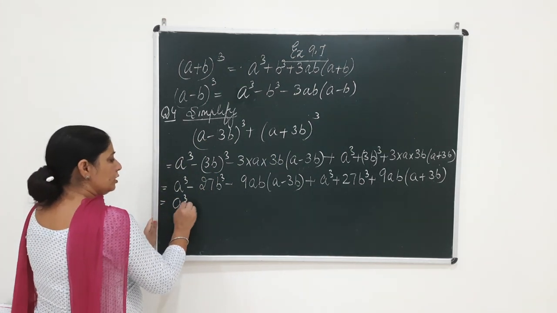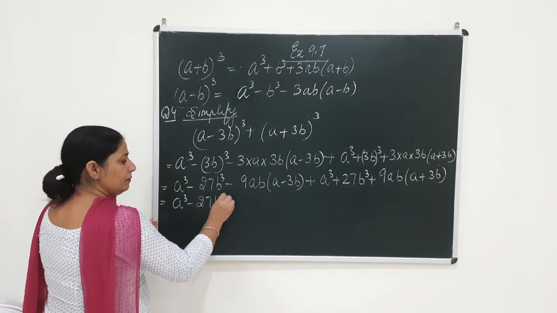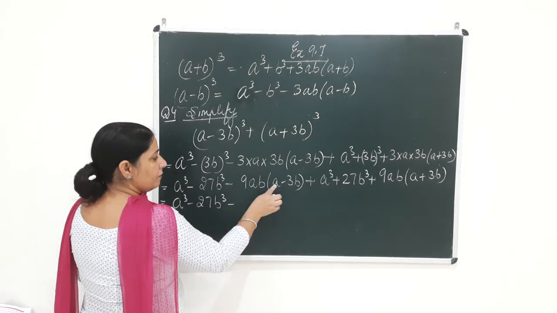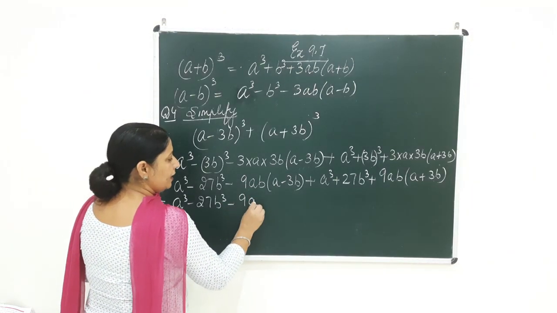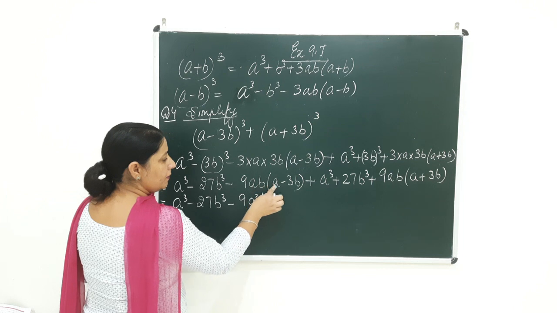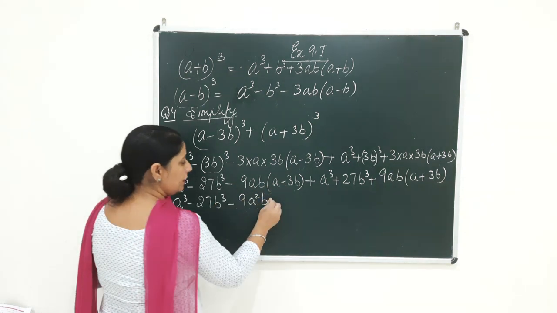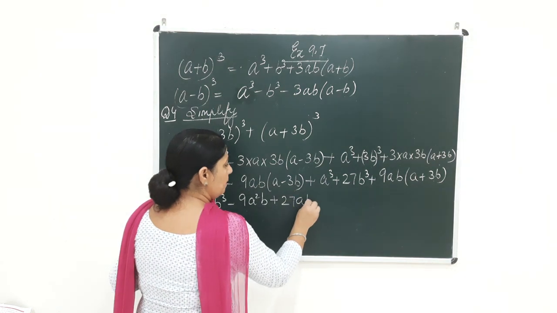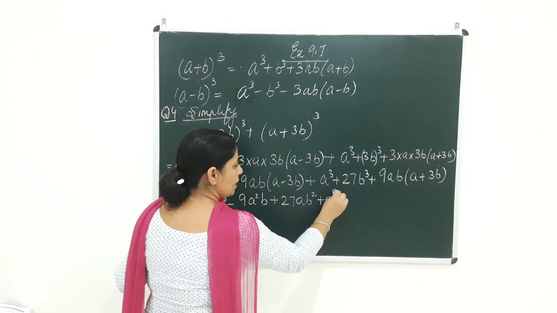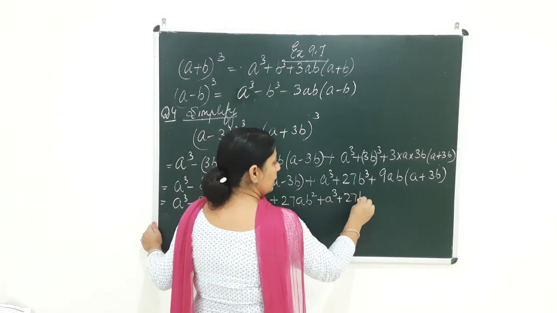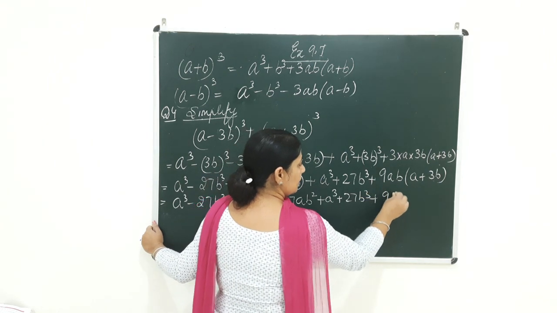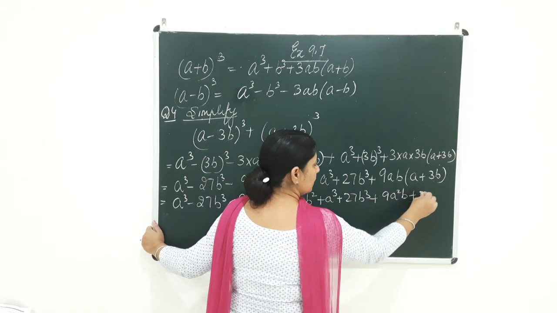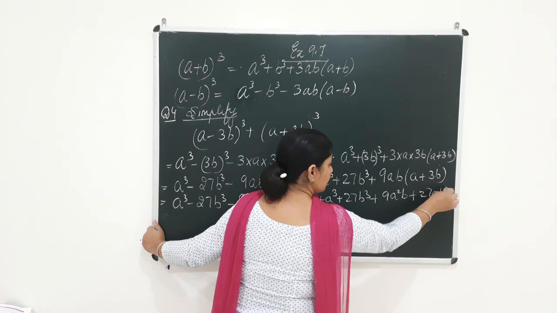We have got a cube minus 27b cube minus, when you multiply this you get 9a square b, 9ab into a, minus and minus will give you plus 9 3s are 27 ab square, plus a cube plus 27b cube plus 9a square b plus 27ab square.